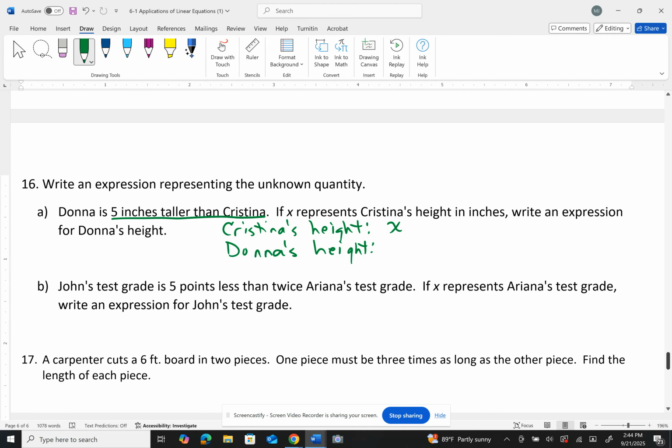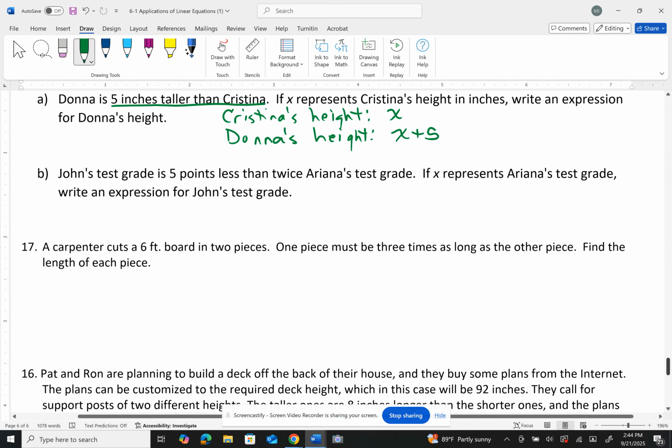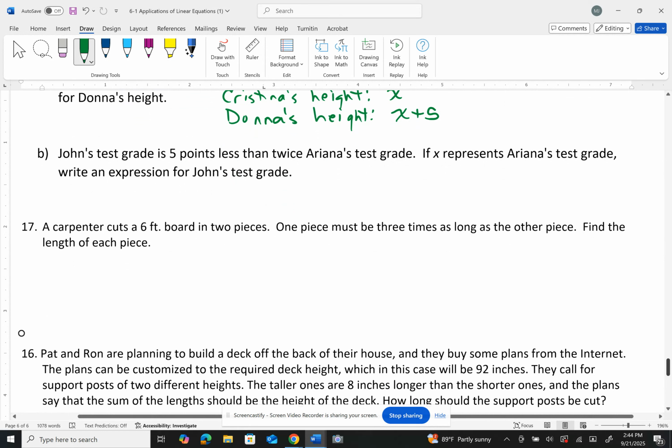We know she's 5 inches taller than Christina, so Donna's height could be represented with X plus 5.